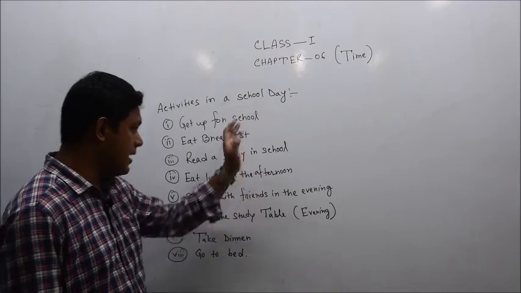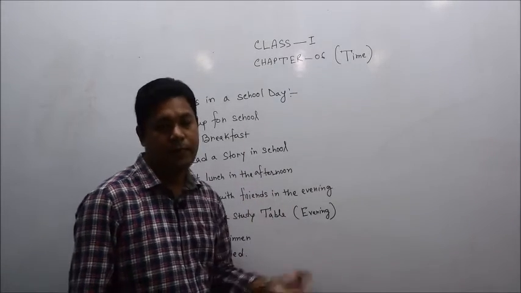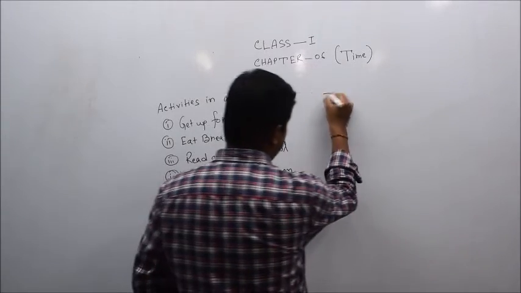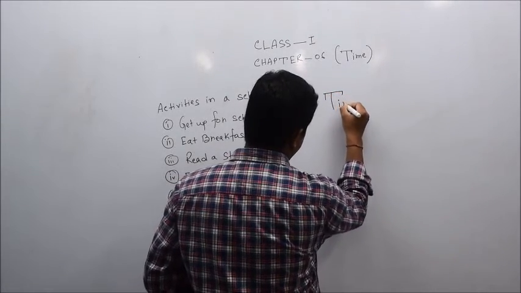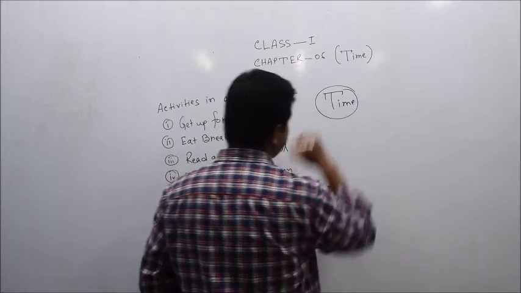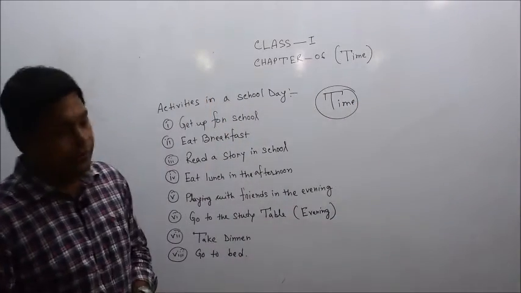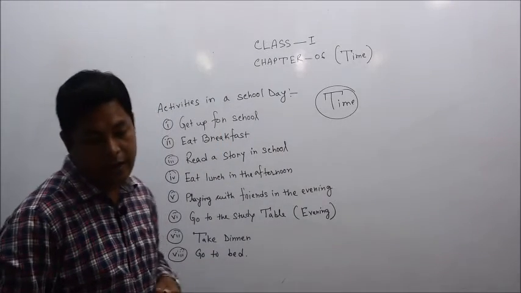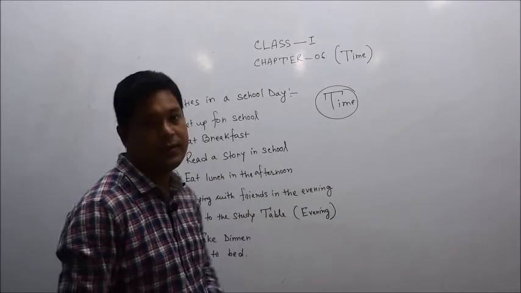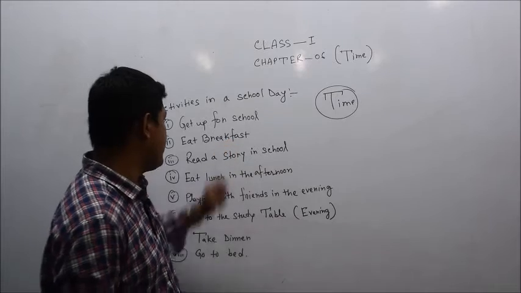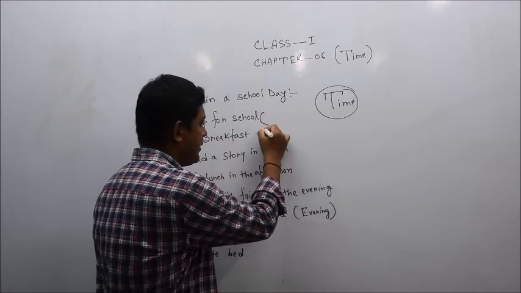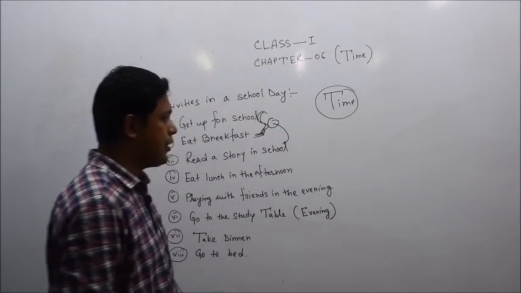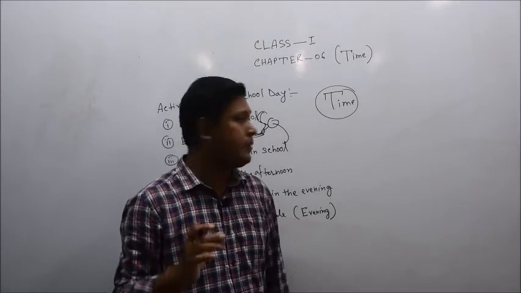These things are scheduled in a very time-bound manner, but how can we fix the time for these activities? I already mentioned to you that time is used to quantify or measure the duration of events, because from breakfast, or from getting ready at home to going to your school, you have to be ready for a certain period of time, isn't it?